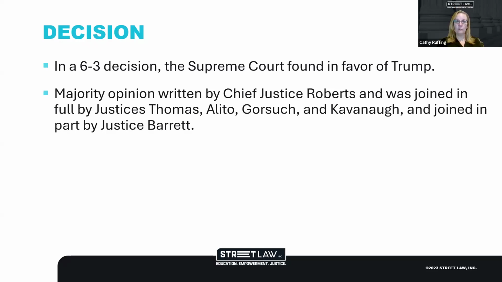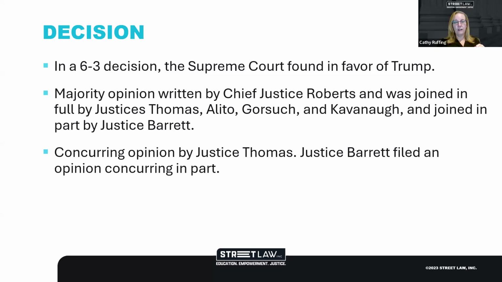The majority was written by Chief Justice Roberts. This case was handed down, it's not on the screen, but was handed down on the very last day of the term, which was July 1st. So they left it to the very end. Generally, the court doesn't go into July, but they did this year. He was joined by the other, what are usually considered conservative justices, at least in part.